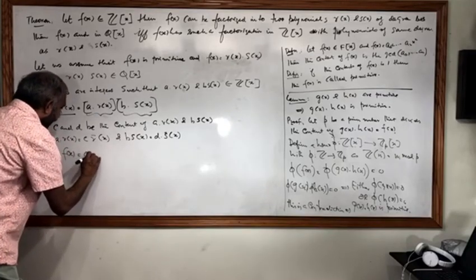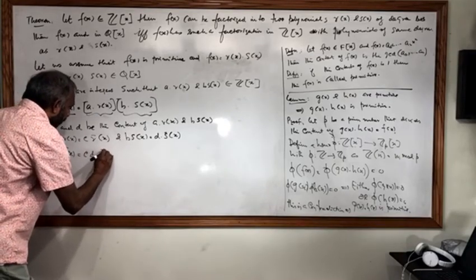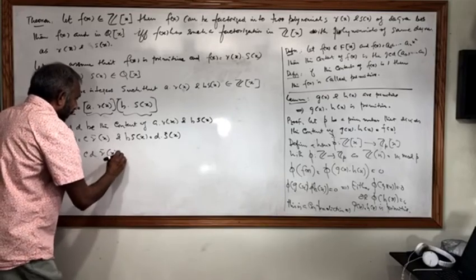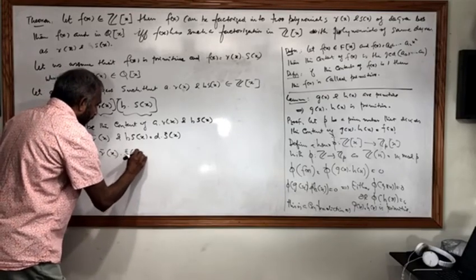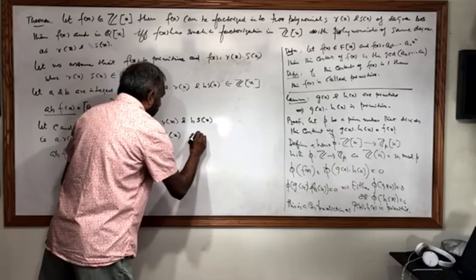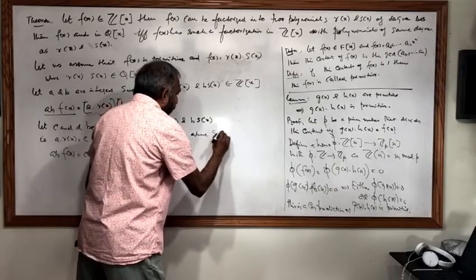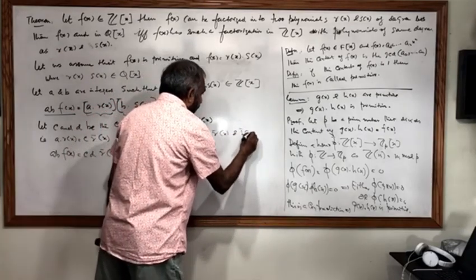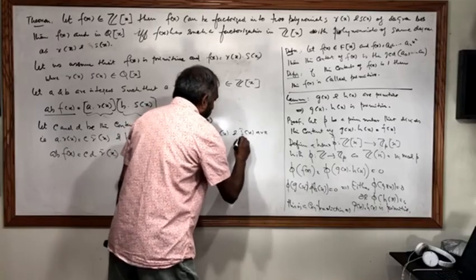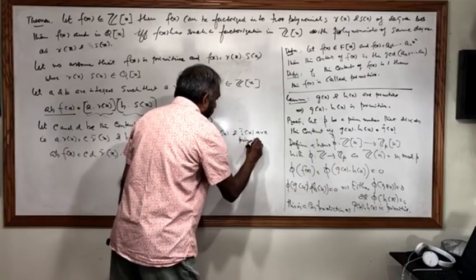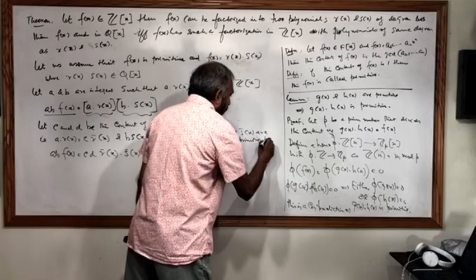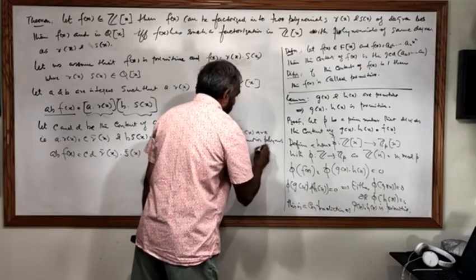So you can write ab times f of x is equal to cd times r prime of x times s prime of x, where r prime of x and s prime of x are primitive polynomials in Z of x.